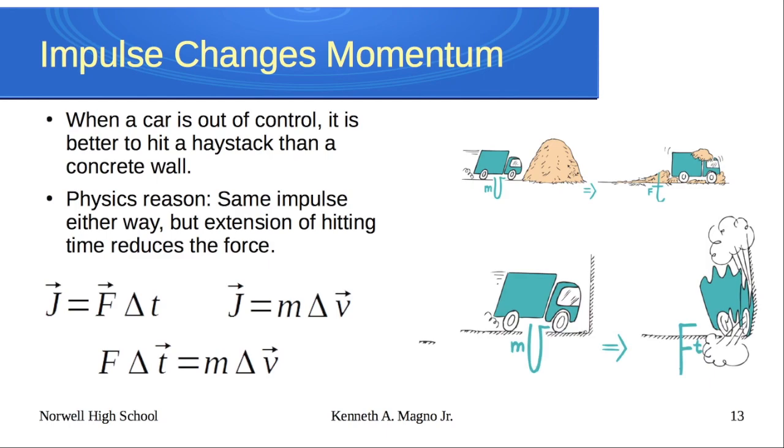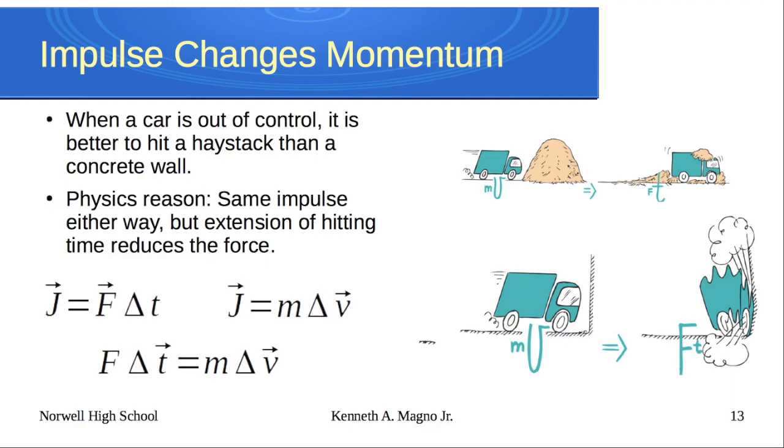You want it to have a chance to slow down over time. By giving it something that causes that change in momentum to happen over a larger interval of time, it decreases the forces involved. So larger t, smaller F.